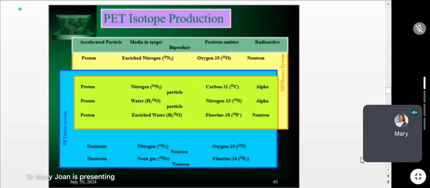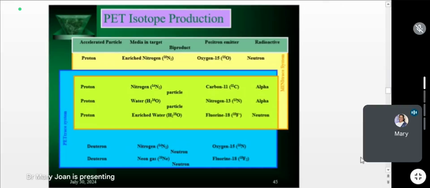So we have seen this. This is a compilation of the particle accelerated, the target which is irradiated, and the positron emitter we are getting, and the radioactive material.